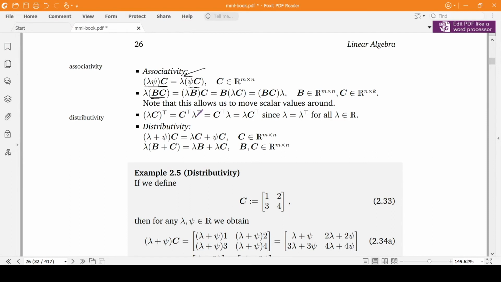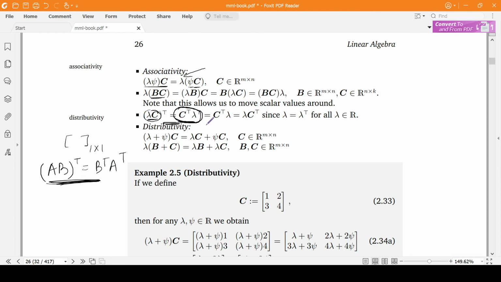Now moving on, we can see what happens when we take the transpose of a matrix on which we have done scalar multiplication. Even if we treat the scalar as a matrix with one row and one column, this first equality is trying to relate to the property that we learned in the previous video.